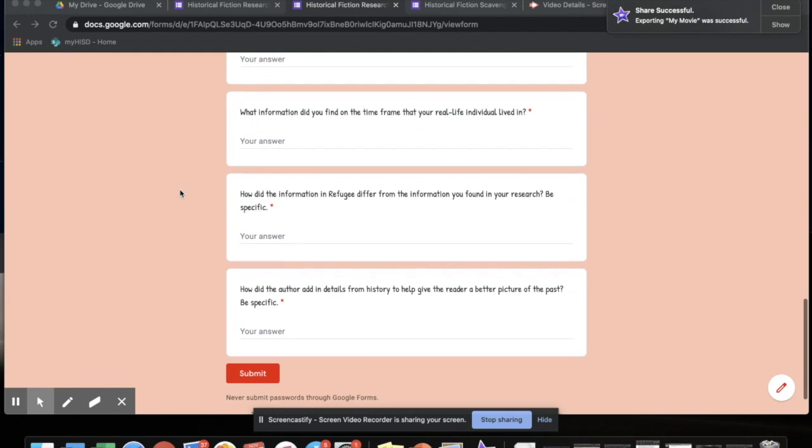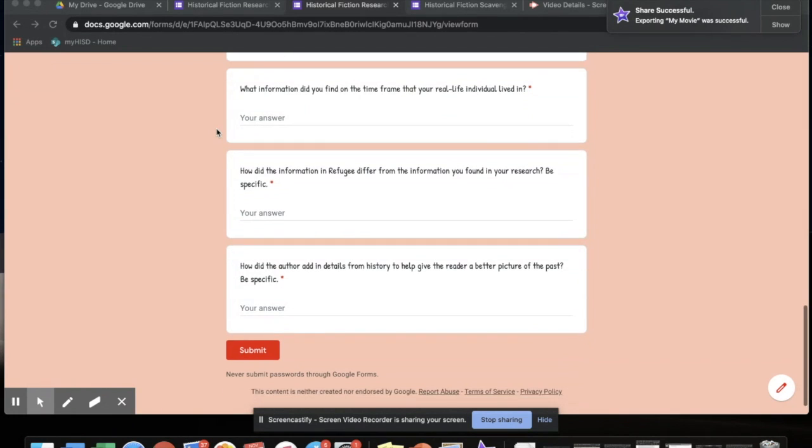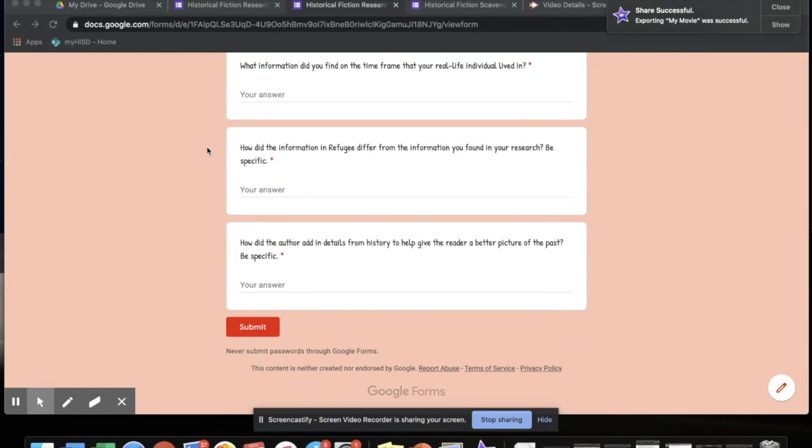What information did you find on that time frame that your real life individual lived in? And this is just information in general. So it may actually match up to what was in the historical fiction text. It's this next one. How did the information in Refugee differ from what you found in your research?